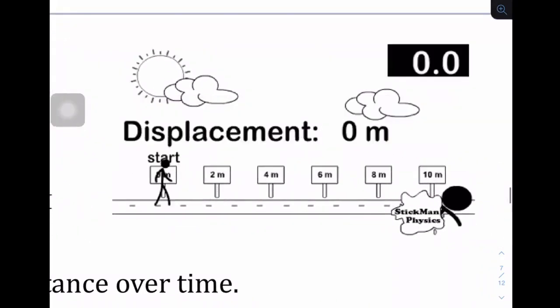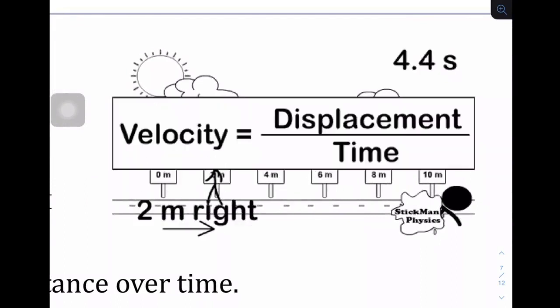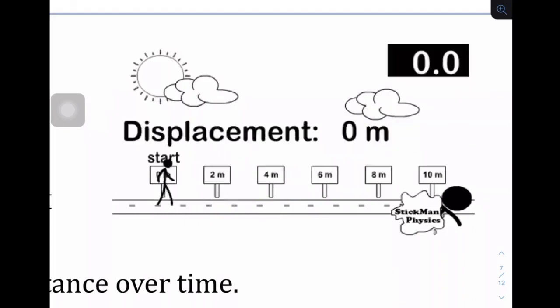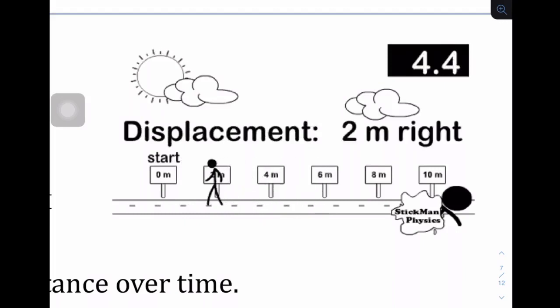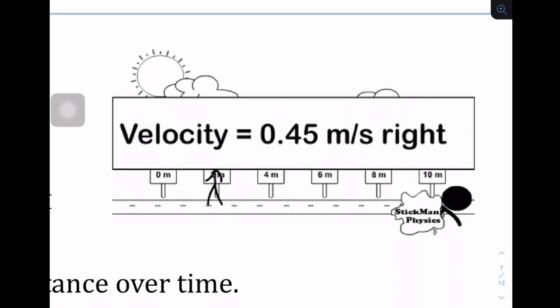Velocity is a vector quantity. You'll notice we use displacement instead of distance in the velocity formula. And watch the person travel 6 to the right and then 4 to the left to get an overall displacement of 2 meters to the right.